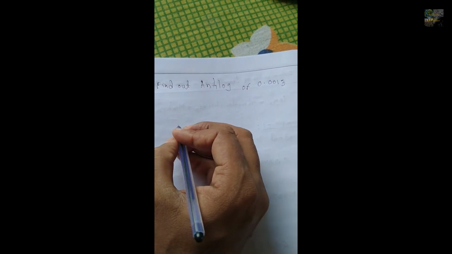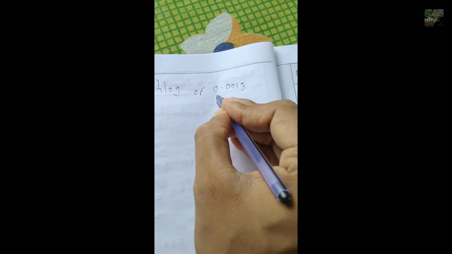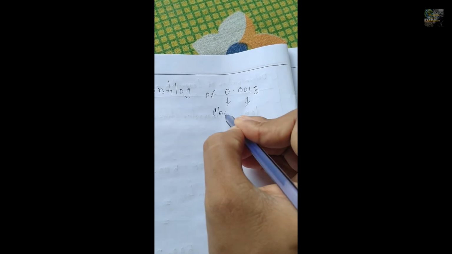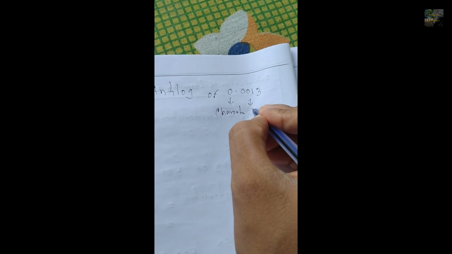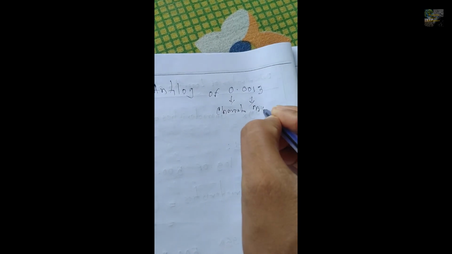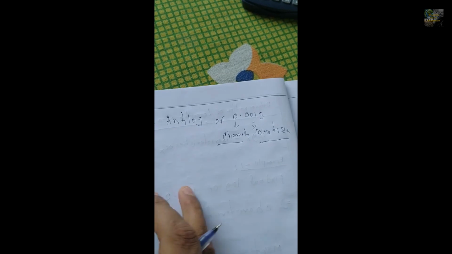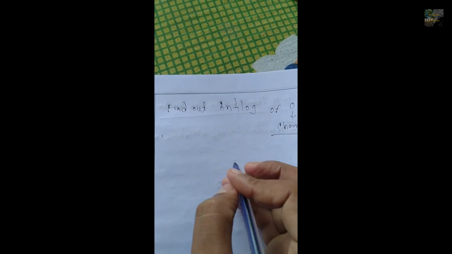Before that, we have to identify the mantissa and characteristic. 0 is the characteristic, and 0013 is the mantissa. So firstly, we have to determine the decimal place.